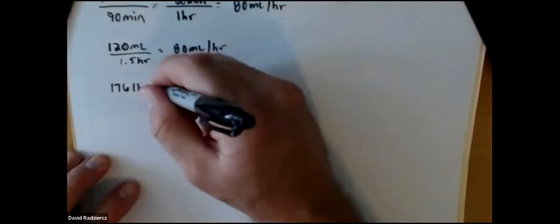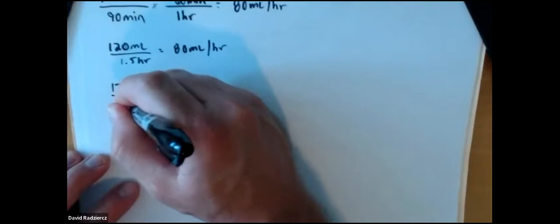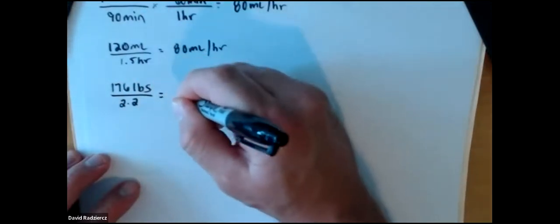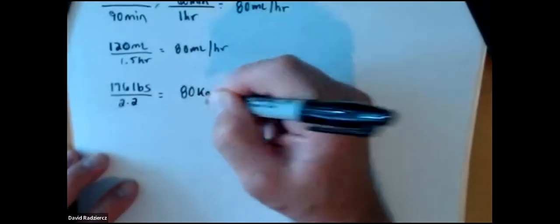For number 24, we have a patient that weighs 176 pounds. So step one is we have to convert pounds to kilograms. You do that by dividing by 2.2, and that gives you 80 kilograms.